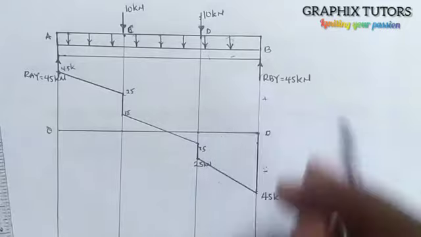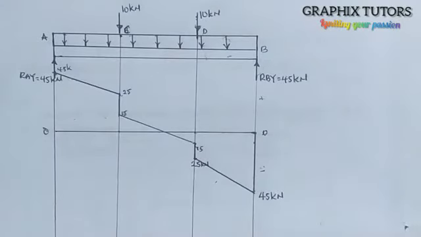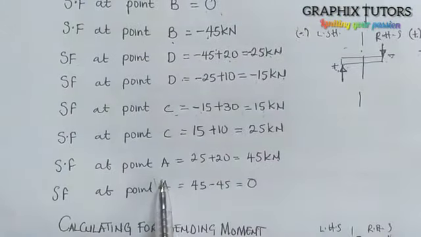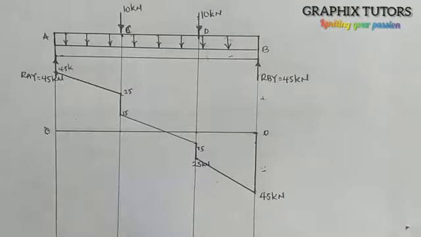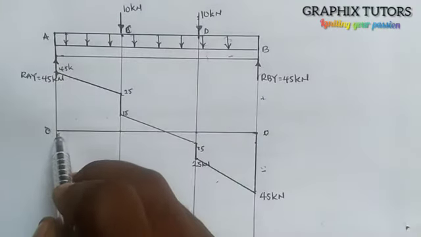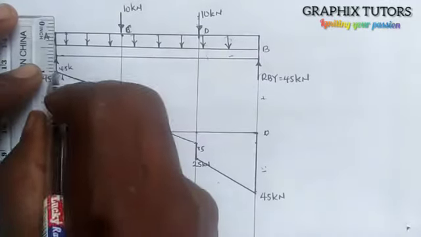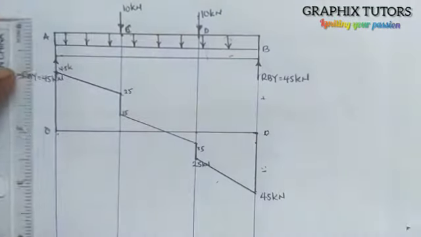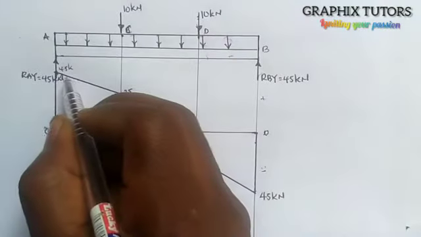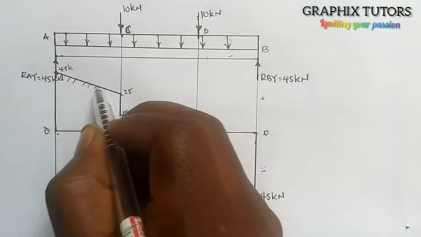Then the next one is the shear force at still the same A, which is 0. So this is 0 here, and I'm going to bring it down to 0. So this is what we have here. So I can just do this.